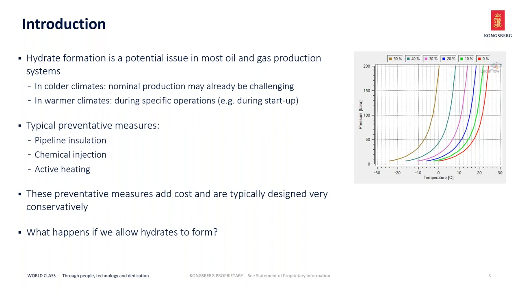These preventative measures add cost, not just during the design and building of the system, but also cost while using them, especially the chemical injection. And they're typically designed very conservatively. So then the question is, what happens if we allow hydrates to form? And that is the main driver behind developing the hydrate transport feature in LedaFlow.